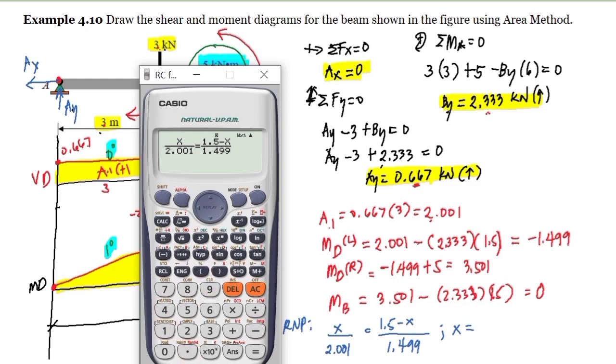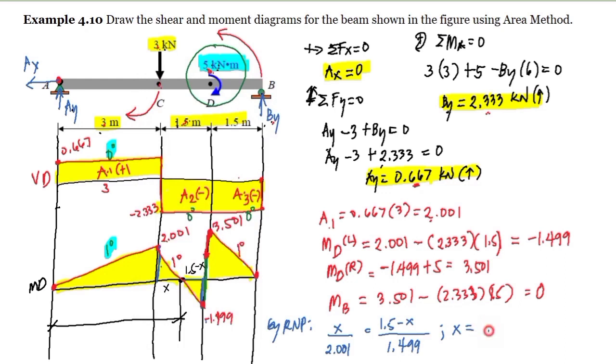Shift solve. You can use a trial value of 10 because it is easier to solve. That is 0.858 or 0.86. So 0.86 is the location of the point of inflection.